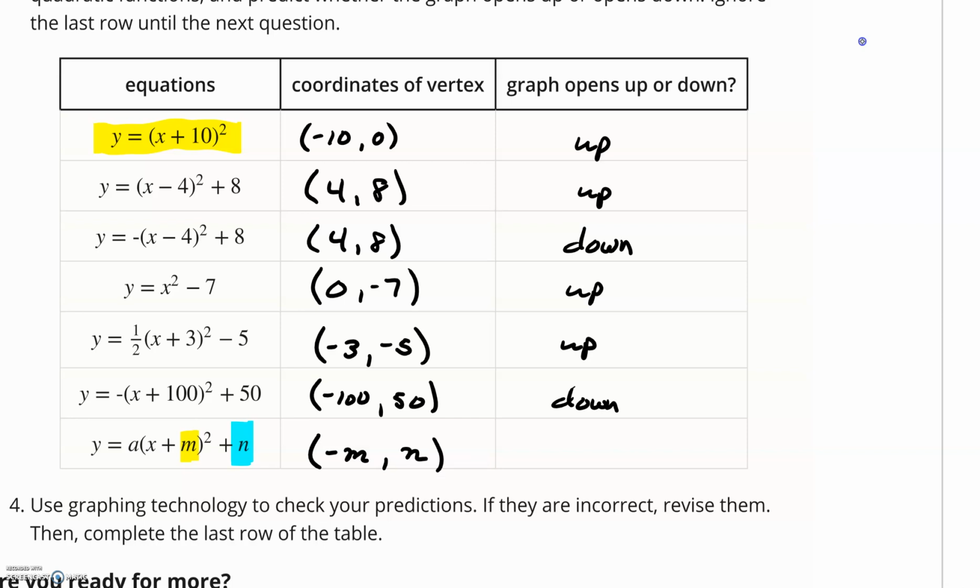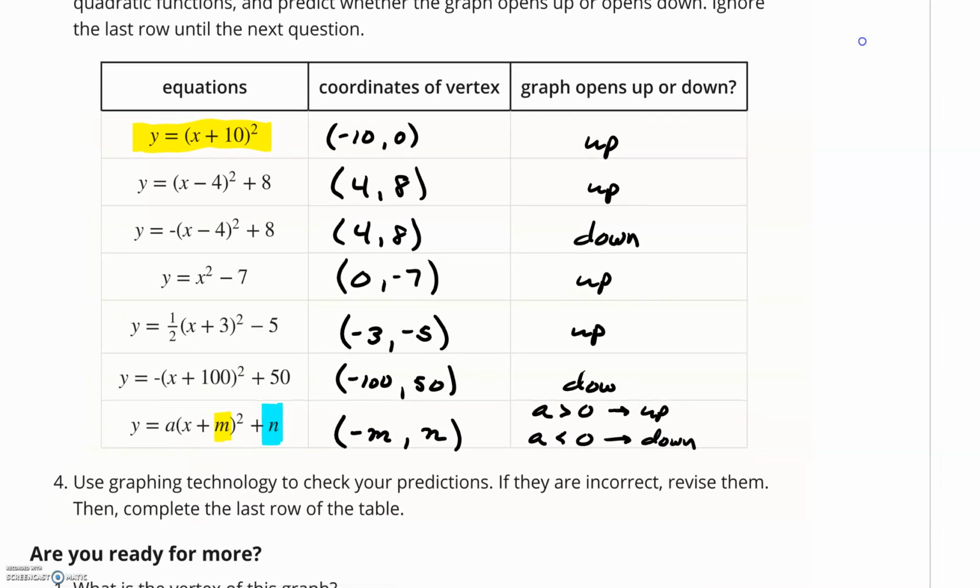Now, does it open up or down? It really depends. If that number in front is positive, or greater than 0, it's going to open up. If that value in front of the parenthesis, that a value, is negative, or less than 0, it's going to open downward.